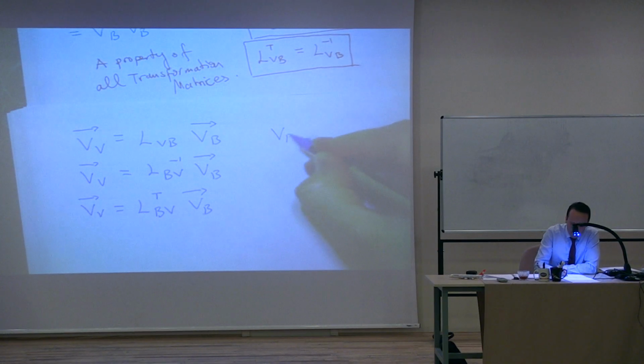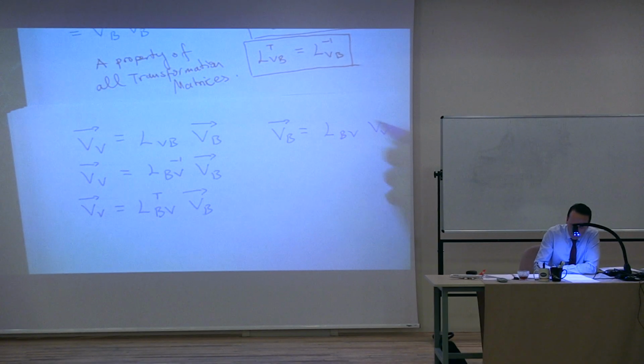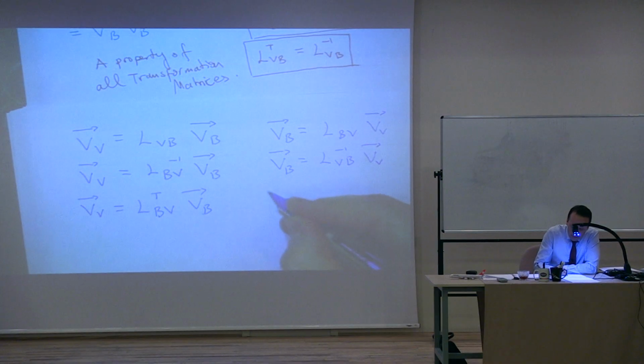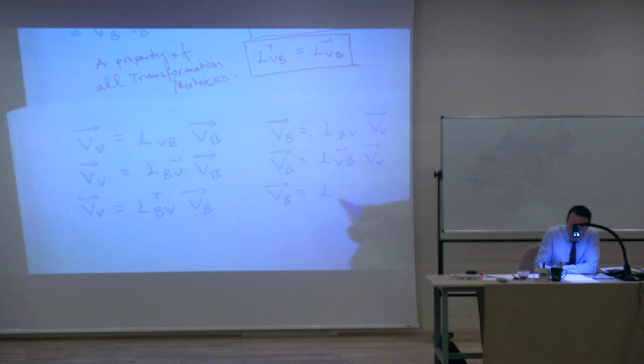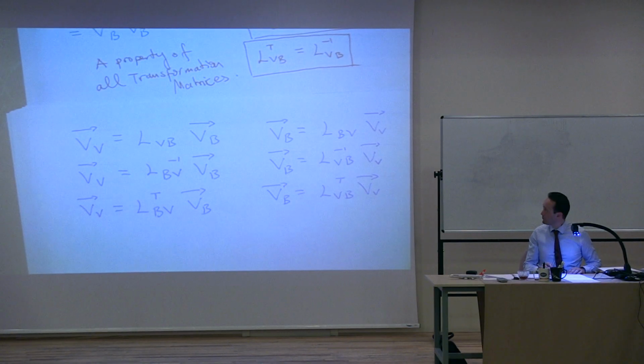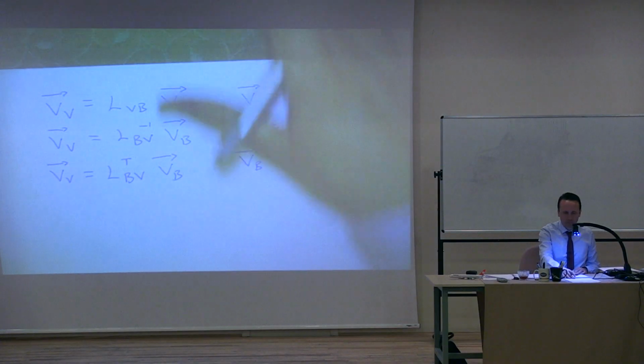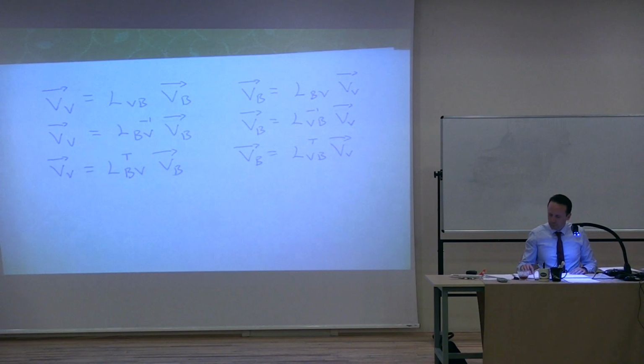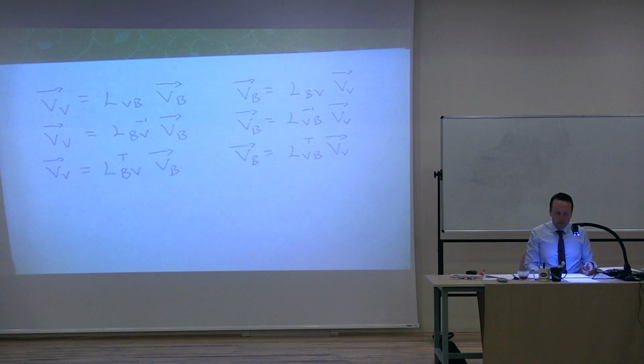Vice versa, LB is equal to LBV times LV, and LB is equal to LVB inverse times LV, and that's also equal to LVB transpose VV. Is that good?